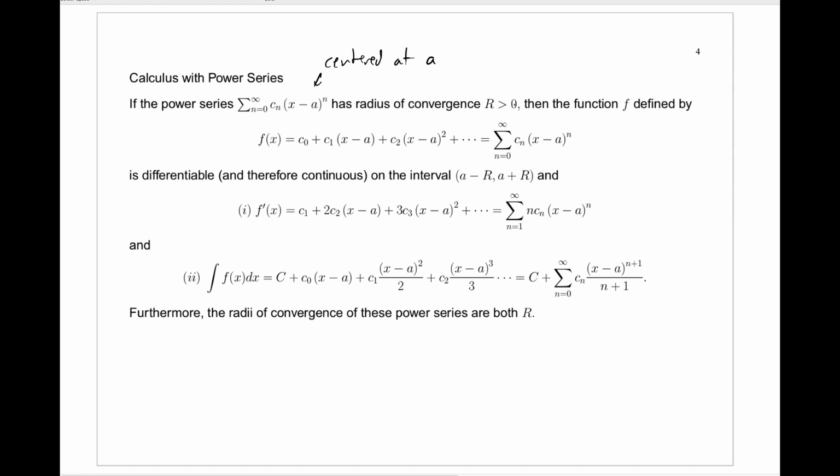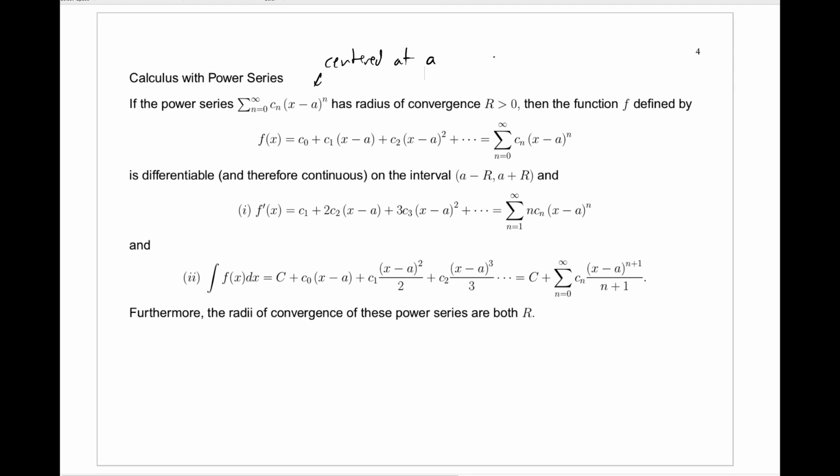That will certainly count here as R being greater than 0. So at least as long as R is finite, that means that the interval of convergence is an interval centered at a of radius R. The series might or might not converge at the endpoints of this interval. We'll deal with those things later, but at least it converges on the open interval of radius R centered at a.